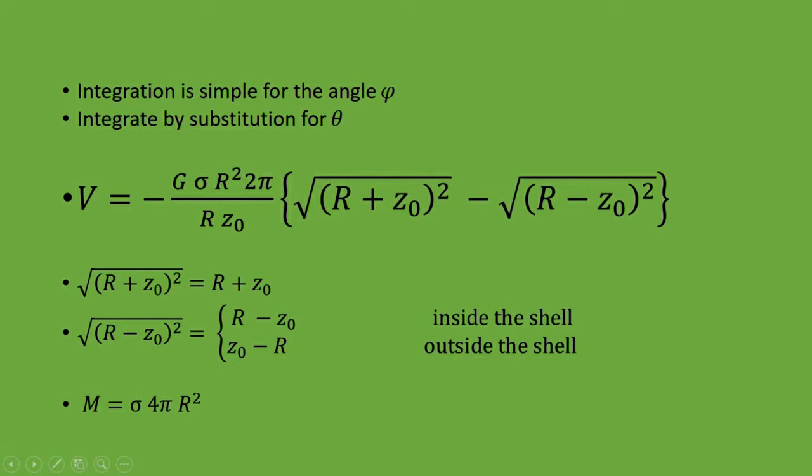But the integration for the angle theta is not difficult. You can just use substitution to do the integration. And here I'm writing the final answer after integrating over theta. The answer is whatever constant you have here times this bracket. So that's the total gravitational potential due to the spherical shell.